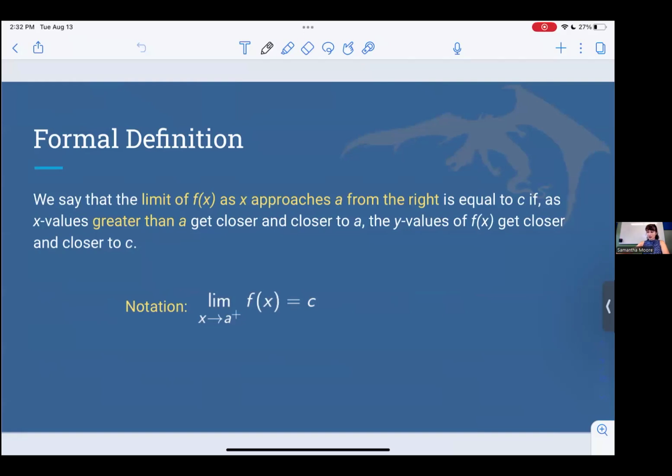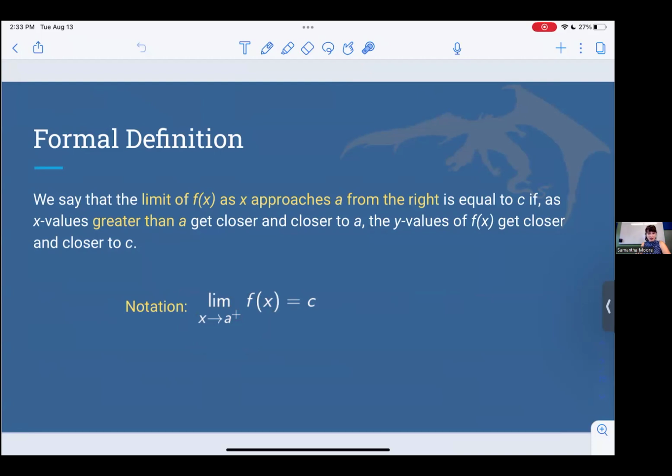Okay, so formal definition. If we're thinking about coming just from the right, the way that we notate this is we think about x coming to a from the right side. So this little plus means we're going to approach a from the right-hand side.